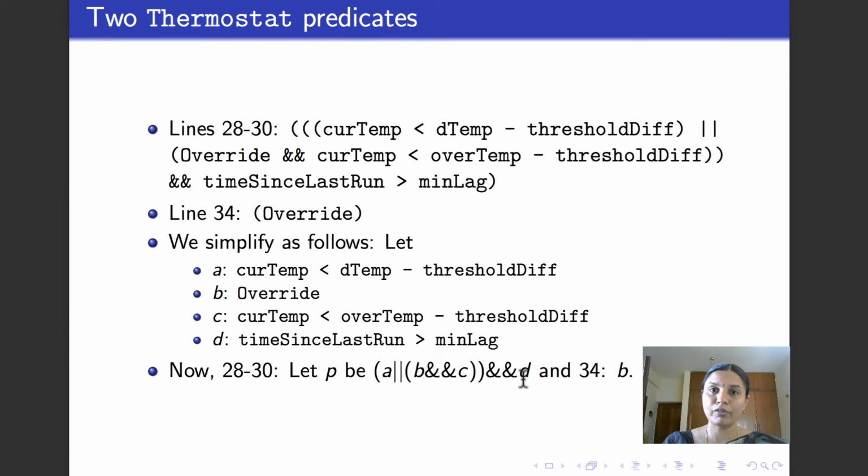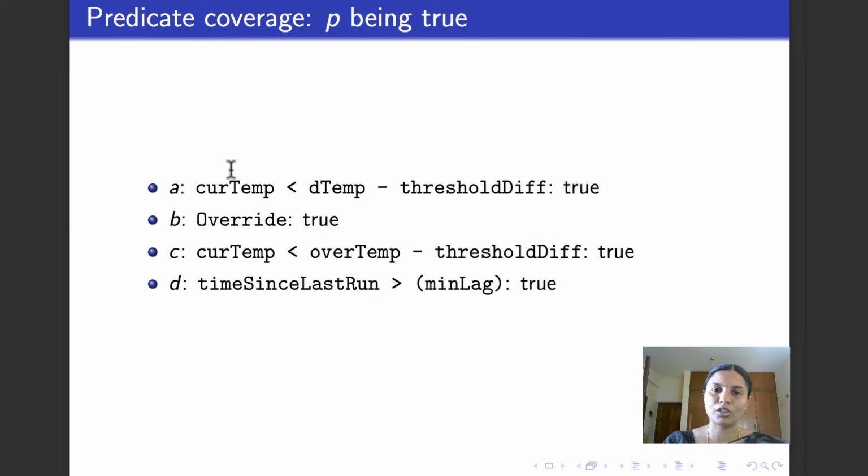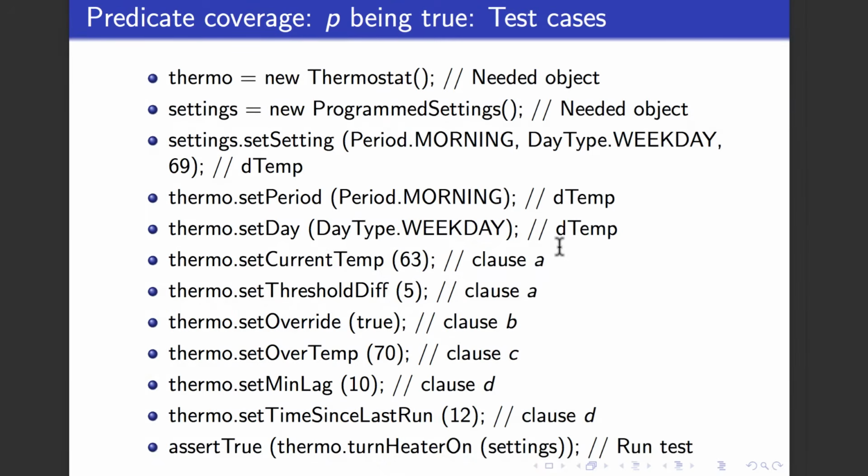I should make D false because it's an AND. Once I make D false, A, B, and C could be anything, because anything ANDed with false becomes false. Or I could make this whole thing false along with D being true or false. So like I did here, I decide how to make each of the clauses true or false to make the predicate false, and then I give values such that they're met. I haven't given them in my slides, but I hope it is clear how to do it.